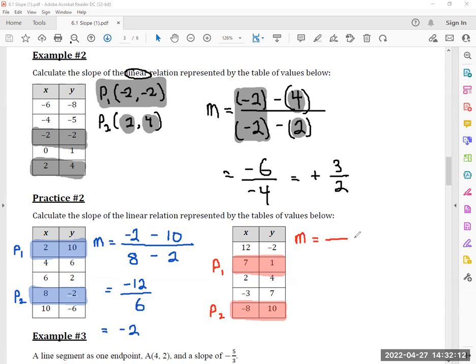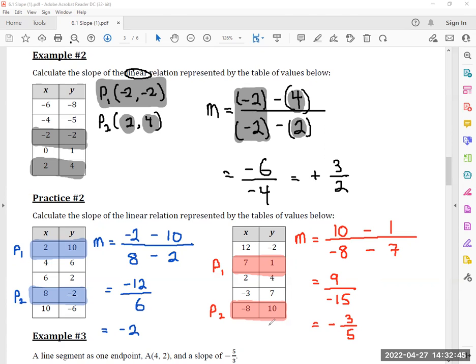M is equal to X on the bottom, Y on the top, minus, minus. 10 - 1 is a 9. -8 - 7 is a -15. And if you reduce it, you get yourself a -3/5. That's it.